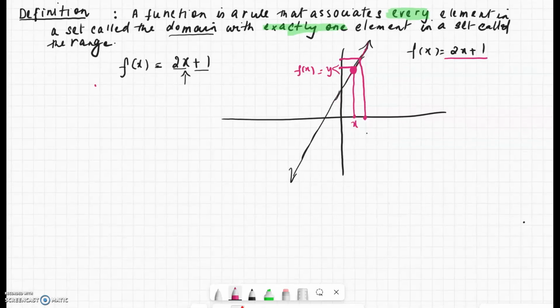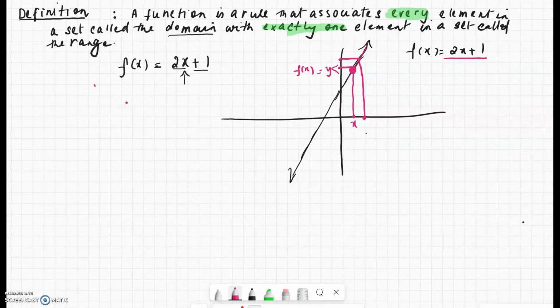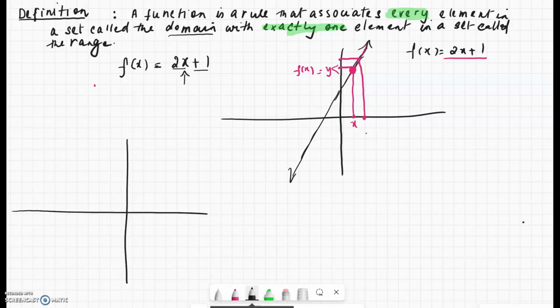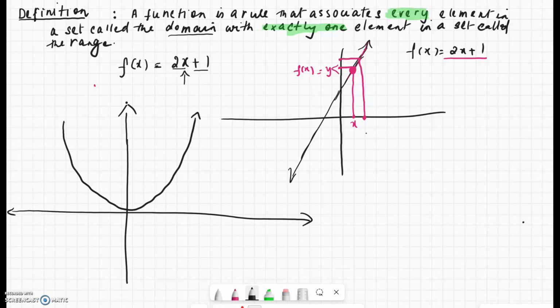And then we said, okay, so if that is how we decide whether a graph represents a function or not, and if we have this graph, how do we prove that it is the graph of a function?